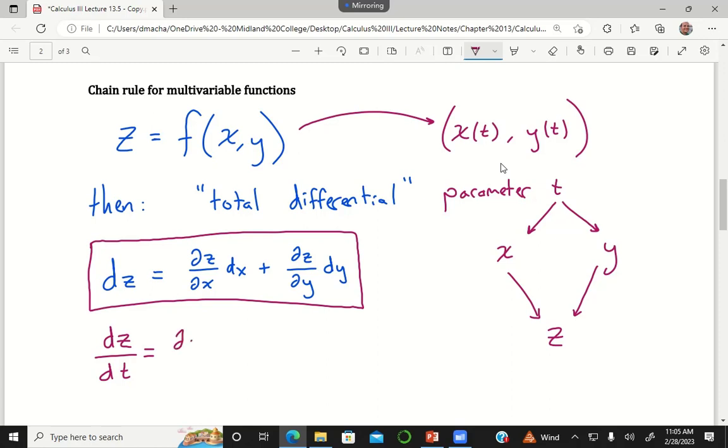And so this is just partial z partial x times dx dt plus partial z partial y times dy dt. Since x and y are functions of t, we can calculate those derivatives dx dt and dy dt, and we know how to take the partials of z with respect to x and y. And so this is the formula you would use to take the dz dt derivative, if you want to do that.